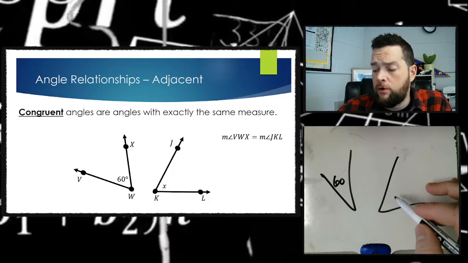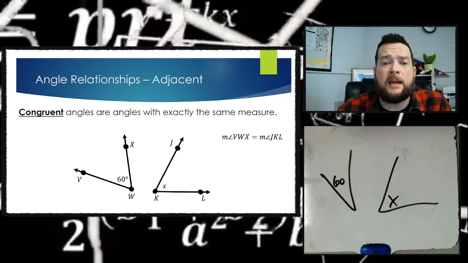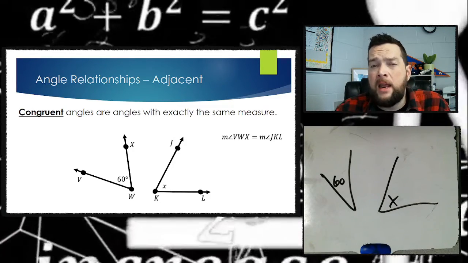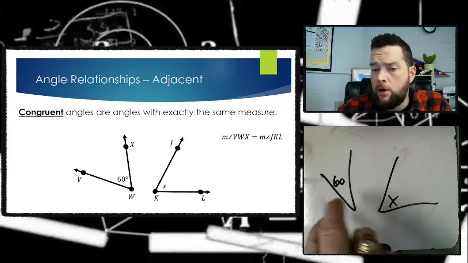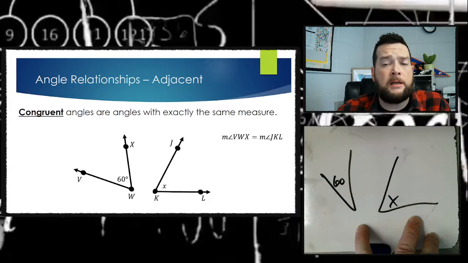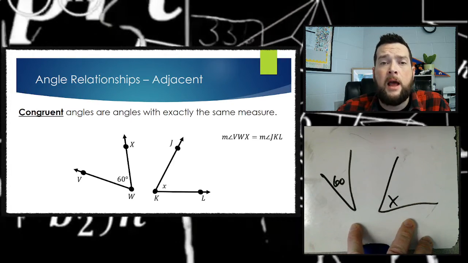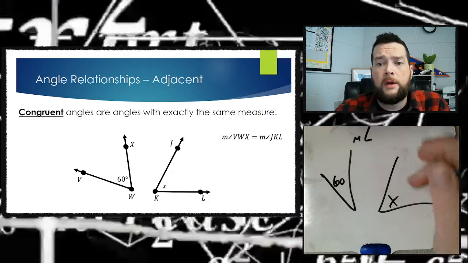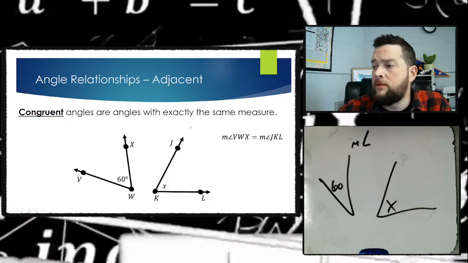So if we have this angle as 60 and we have this angle as x, and we're trying to find x, well, I don't have any information right here in this illustration that I need to be able to solve this, unless I have this extra little equation that's given to us right here.